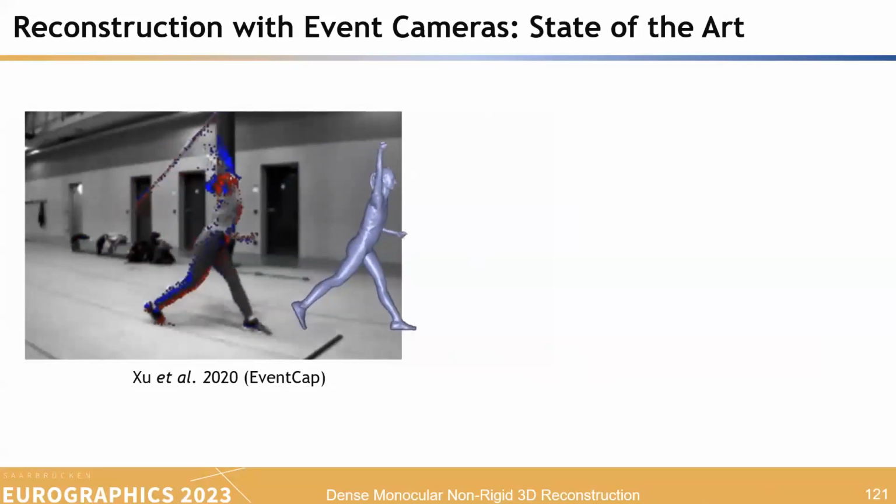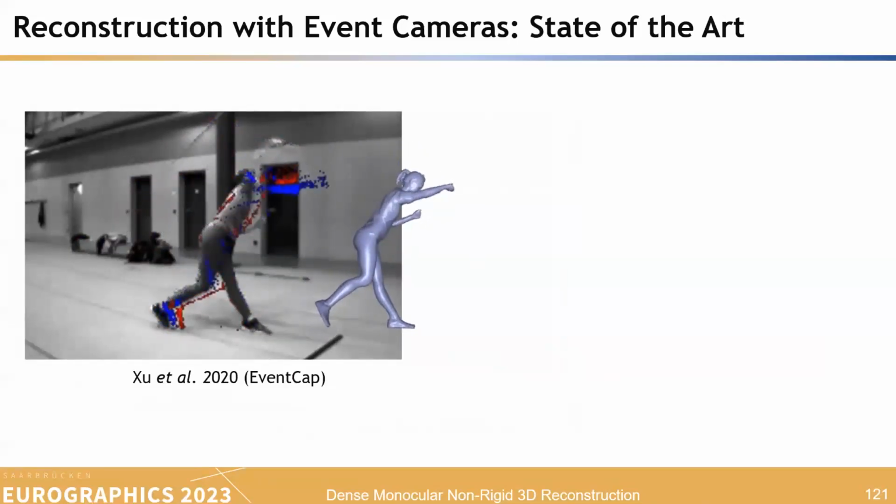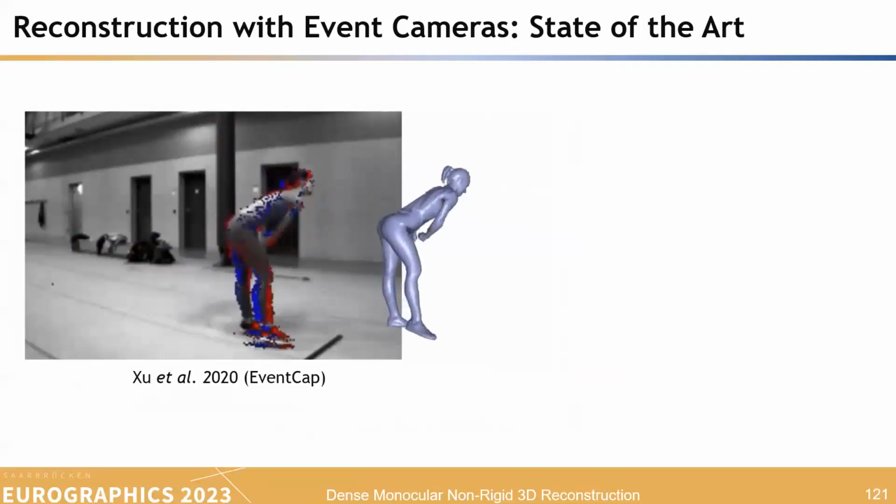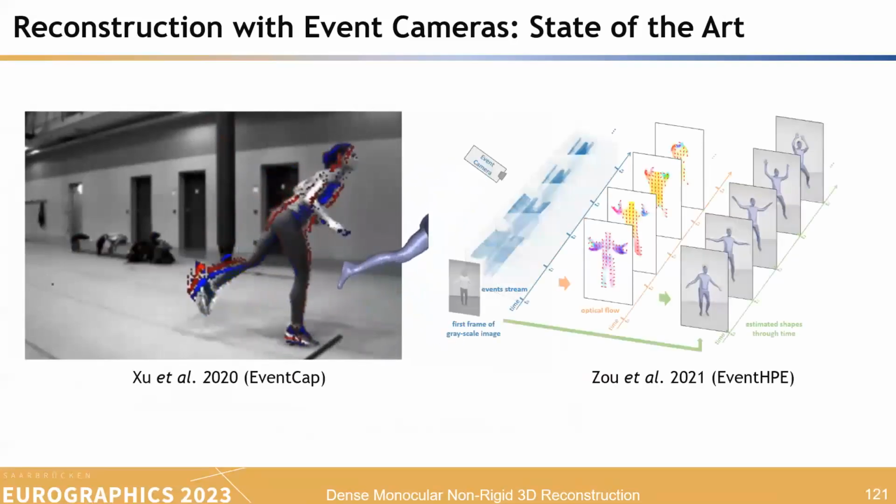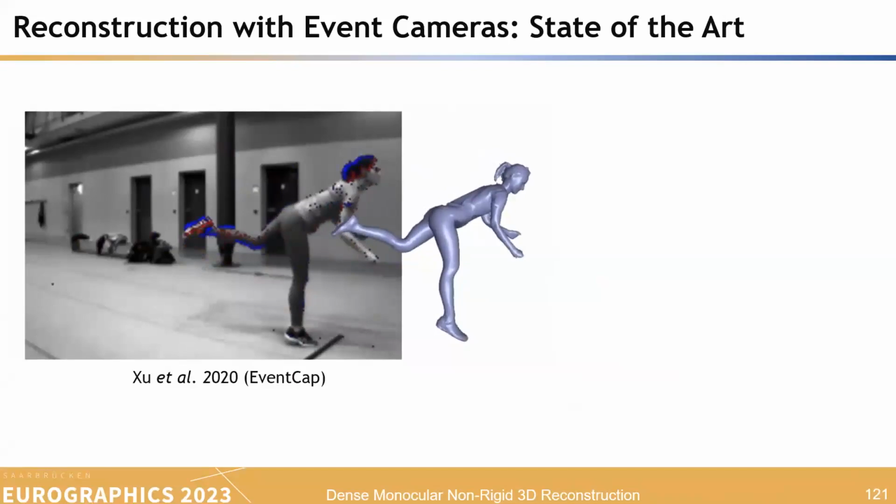In the past few years there have been some works, and one of the state of the art works for human performance capture is EventCap, which takes a hybrid input of events and grayscale images to do the reconstruction. It supports both the parametric SMPL model as well as a rigged and skinned human template.